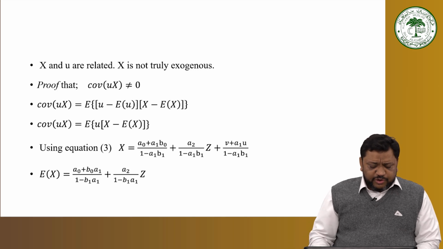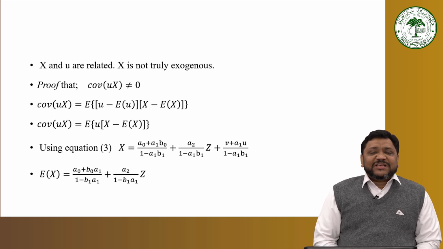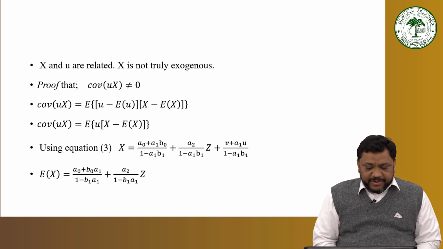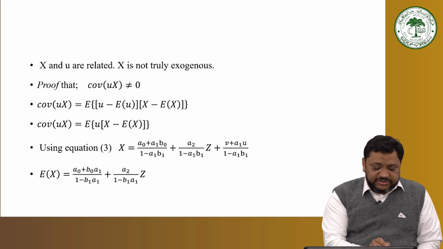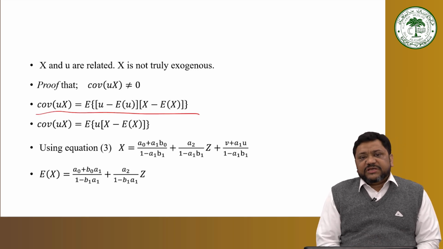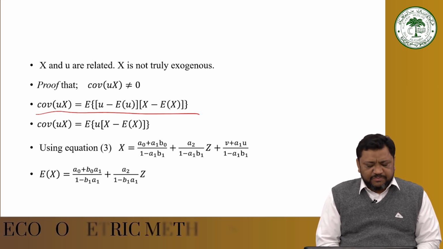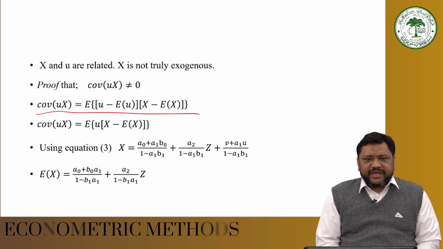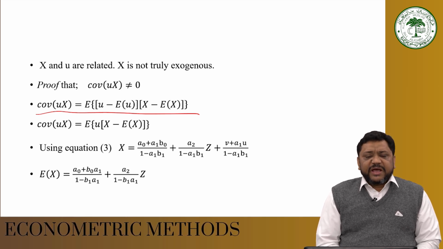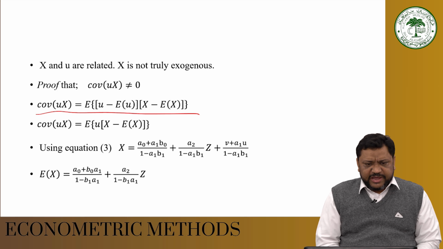So now we are trying to prove that x and u are correlated, that is, the independent variable and u are correlated, meaning that if they are related, then x is not exogenous. For that proof, we see the formula for covariance: expected value of the bracket u minus expected value of u, times the bracket x minus expected value of x.